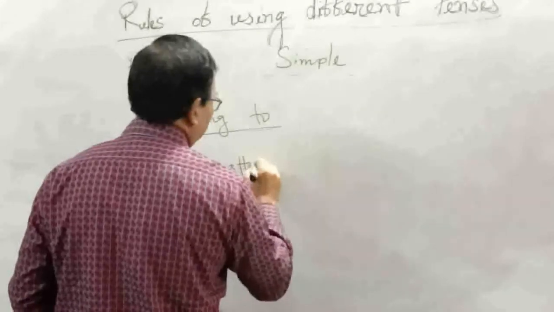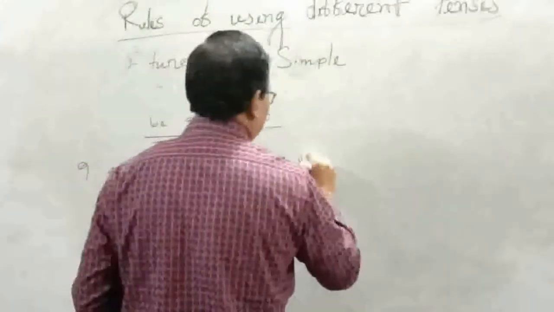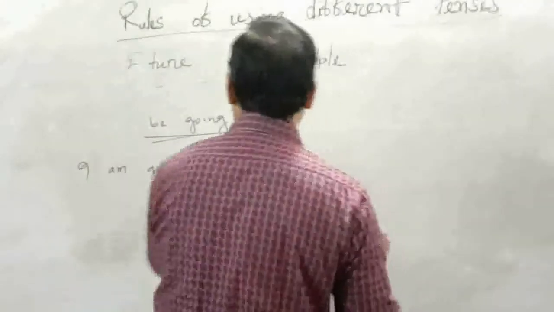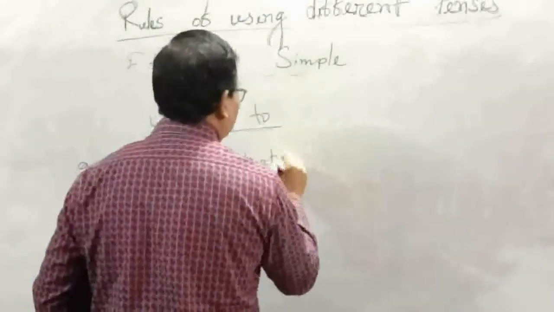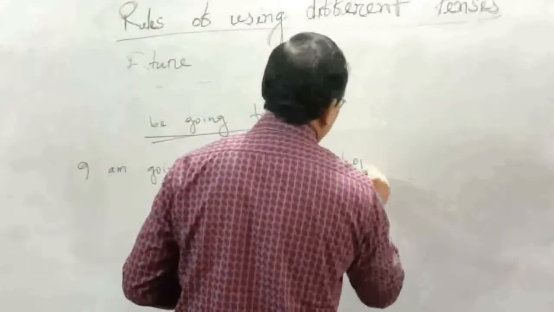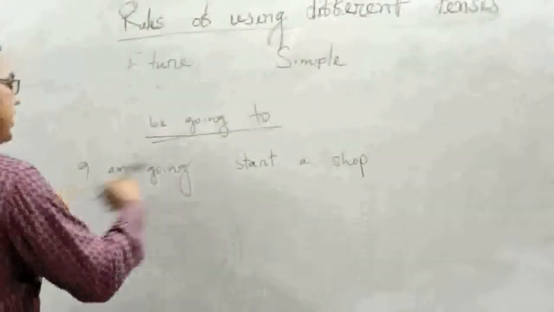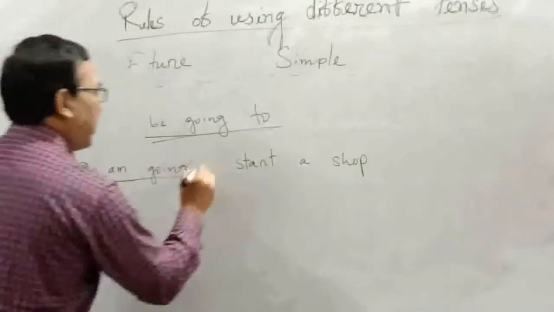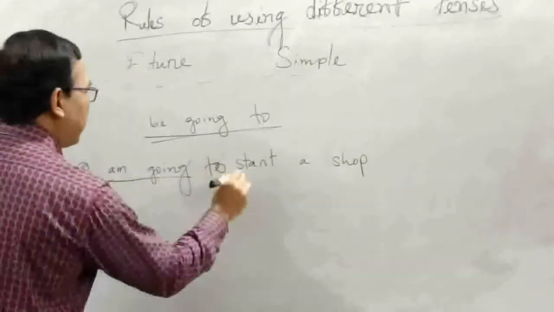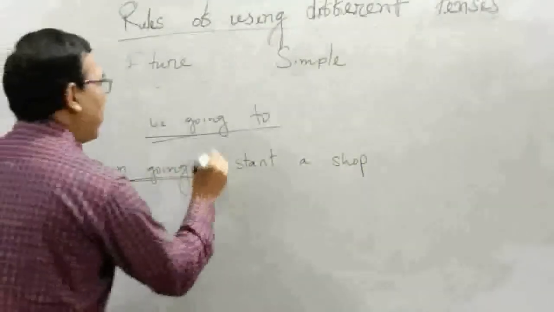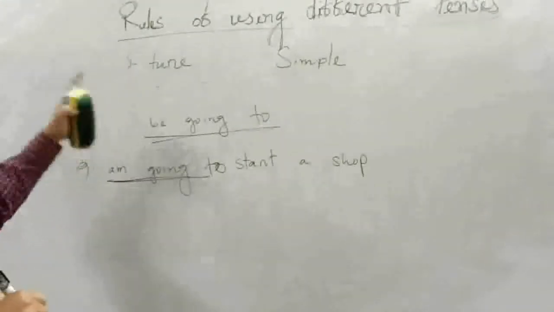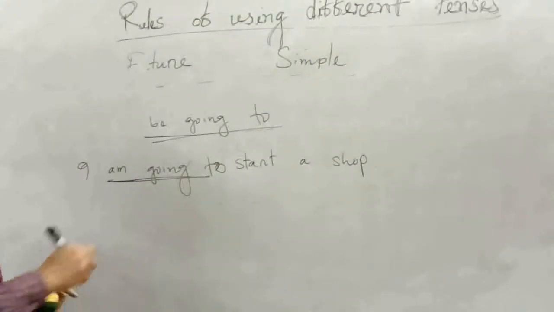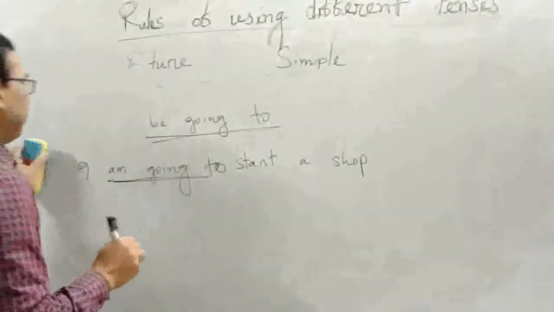I'm going to start a shop. So instead of saying I will start a shop, be going to has been used. So be going to is another expression which is used instead of future tenses. I'm going to start a shop.